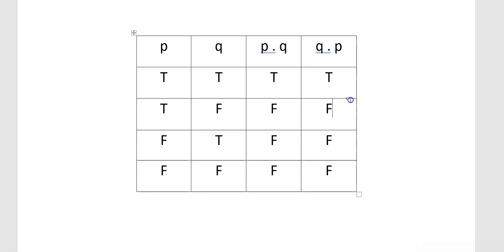But then ordinary language is something different, right? So the context is important when you are to suggest that P dot Q means the same as Q dot P. This is the kind of sensitivity you need to show when you write a conjunction, and you must be aware that the truth value of a conjunction will always be calculated as per the logical rules, but meaning may be different.